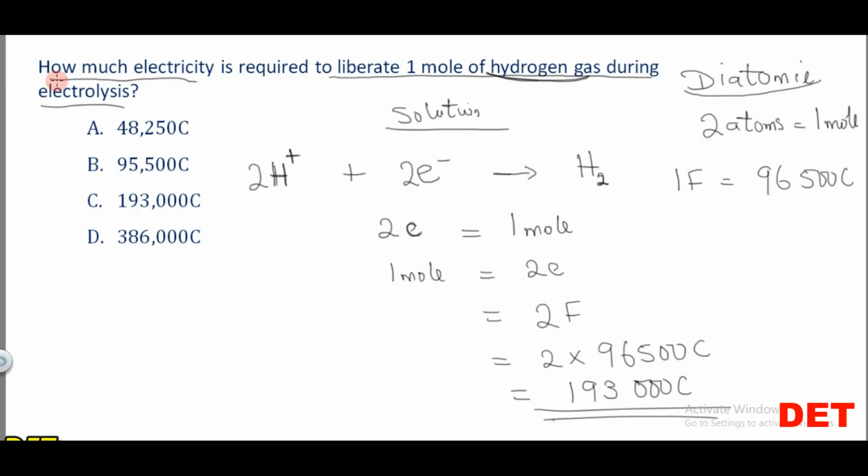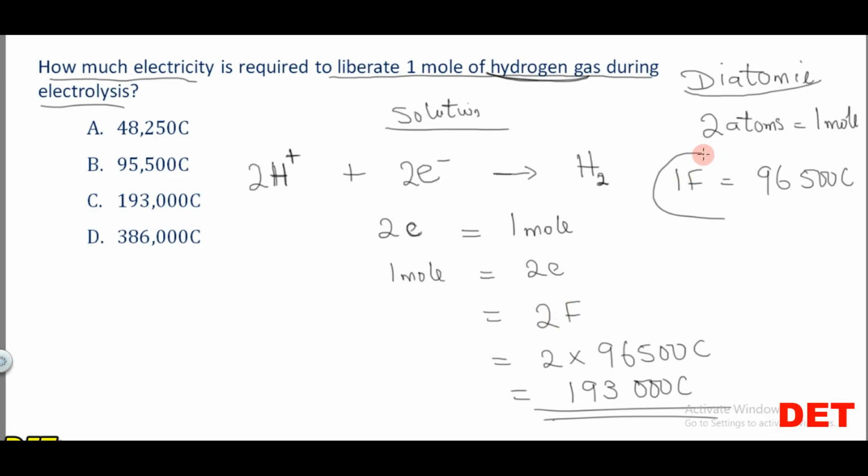Again, the question is, how much electricity is required to liberate 1 mole of hydrogen gas during electrolysis? From this equation, we have that 2 electrons of electricity will liberate 1 mole of hydrogen gas, which is equal to 2 Faraday of electricity.